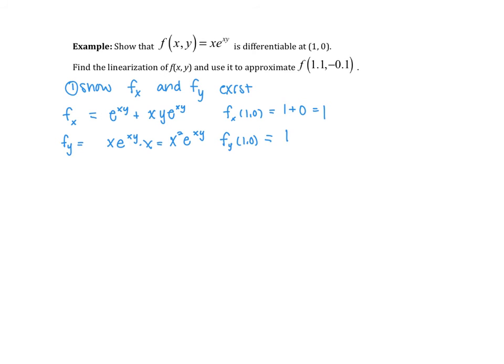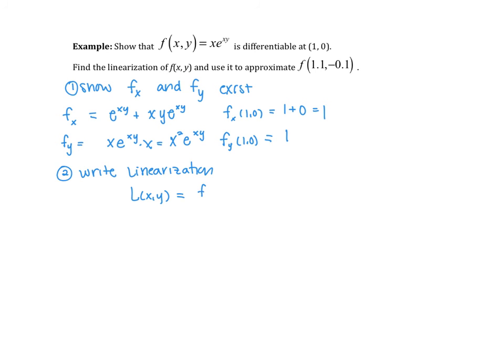Now to find the linearization, we're going to write the linearization equation. And remember, the linearization is going to be the value of the function at the point. Well, we didn't find that.